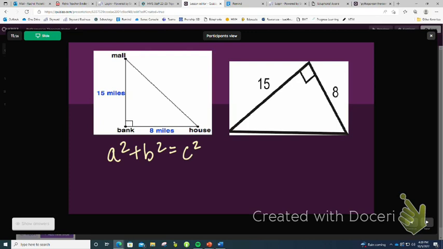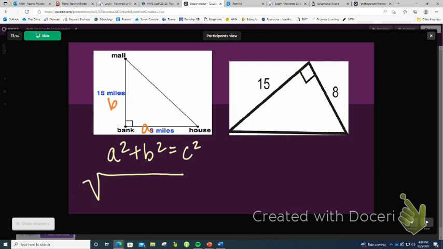If you want to do this in your calculator all in one step, you can do it by taking the square root and then inside the square root, putting your a squared plus b squared. So on this triangle, you can have a and b.